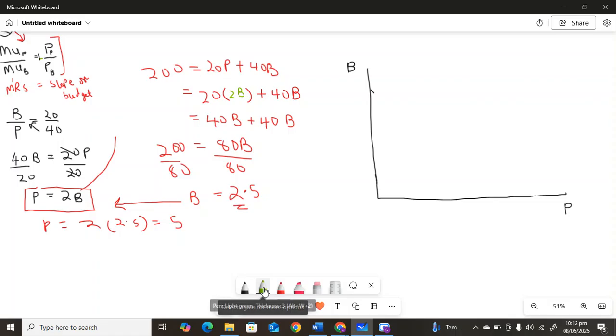If this person spends the whole 200 kwacha on buying pork, to get the intercept, it's just your income over the price of pork. Okay. So if this person spends his whole 200 kwacha on pork, 200 divided by 20, that is 10 units of pork. All right. So here on the budget constraint line, you put 10 units here.